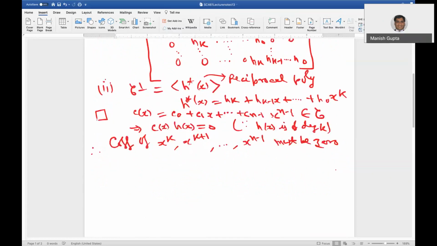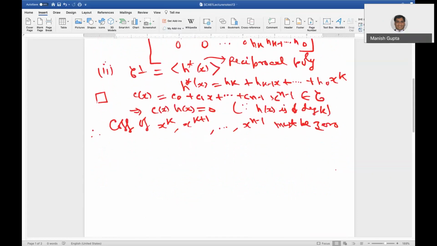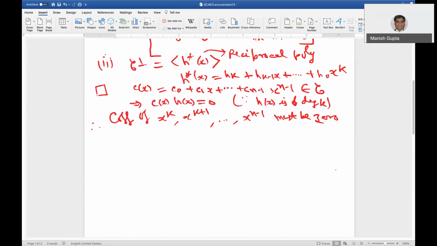So all the rest of the higher order terms will have coefficient 0. So what are these coefficients? I can write it down. The coefficients are c0 hk plus c1 hk minus 1 plus dot dot dot ck h0 is equal to 0.